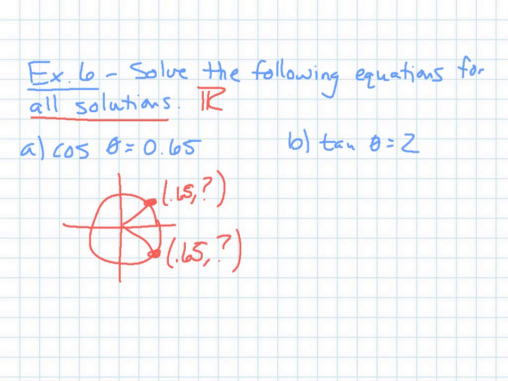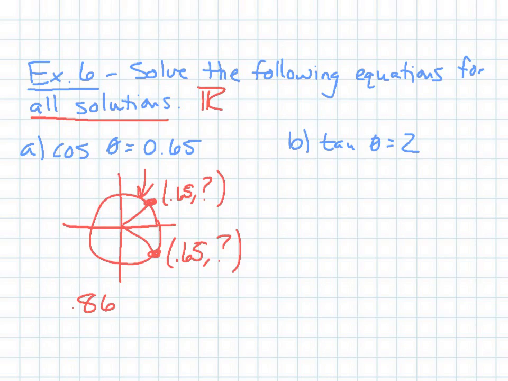Okay, so here we do kind of need to use our calculator to help us out. So let's plug that in. The inverse cosine of 0.65 is going to be 0.86. So that would be this one, in the first quadrant. Now, to get the fourth quadrant one, remember it's a reflection over.